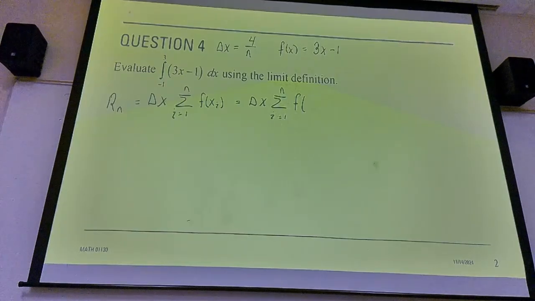Third interval, right endpoint. It's the left endpoint plus delta x. Using a similar argument, that winds up being a plus 3 delta x. So in general, the ith right endpoint would be a plus i times delta x.